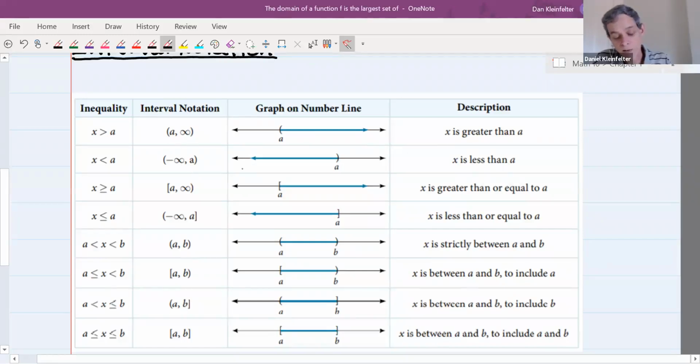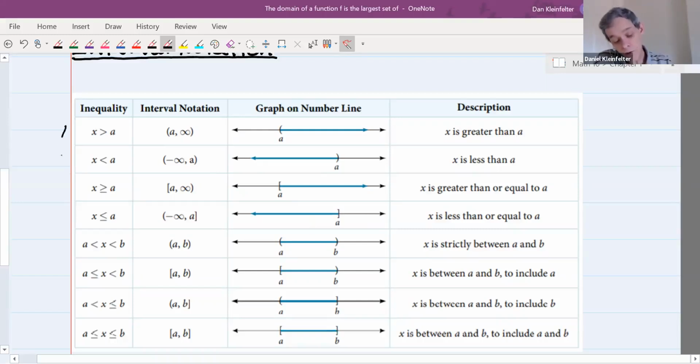In the second one, the line starts at negative infinity and goes up to a. So in parentheses, you see negative infinity up to a. The only difference between those first two examples and the second two examples, again, is whether or not square brackets are included to indicate that the point a itself is included.